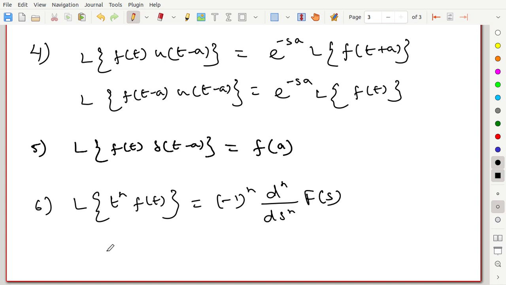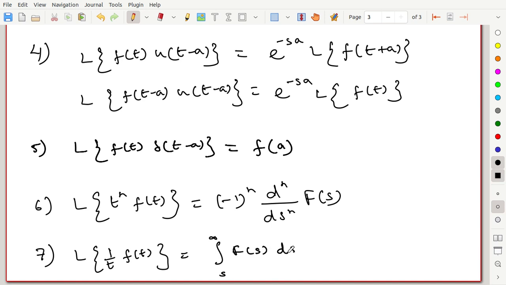Similarly, for division by t, that is L of 1 by t f of t equals the integral from s to infinity of f of s ds. These are the two more properties we have to remember to solve the problems.